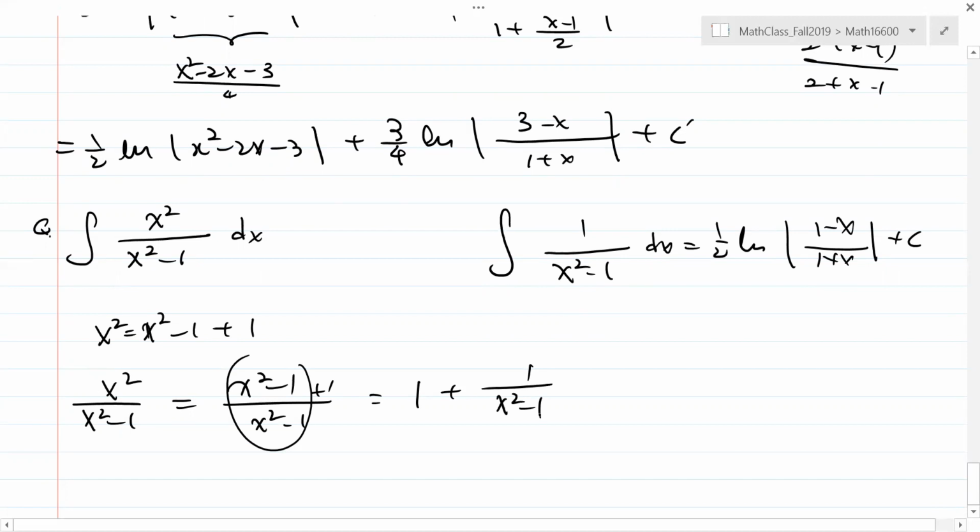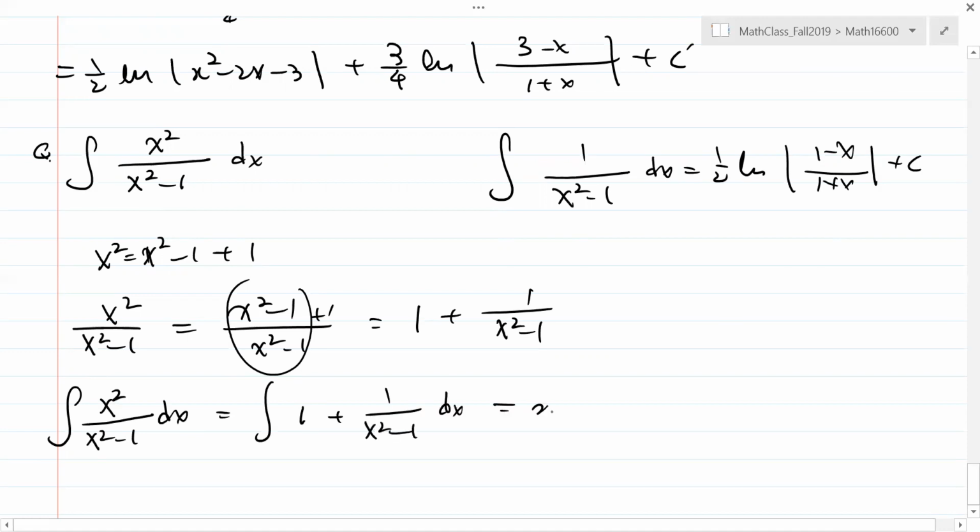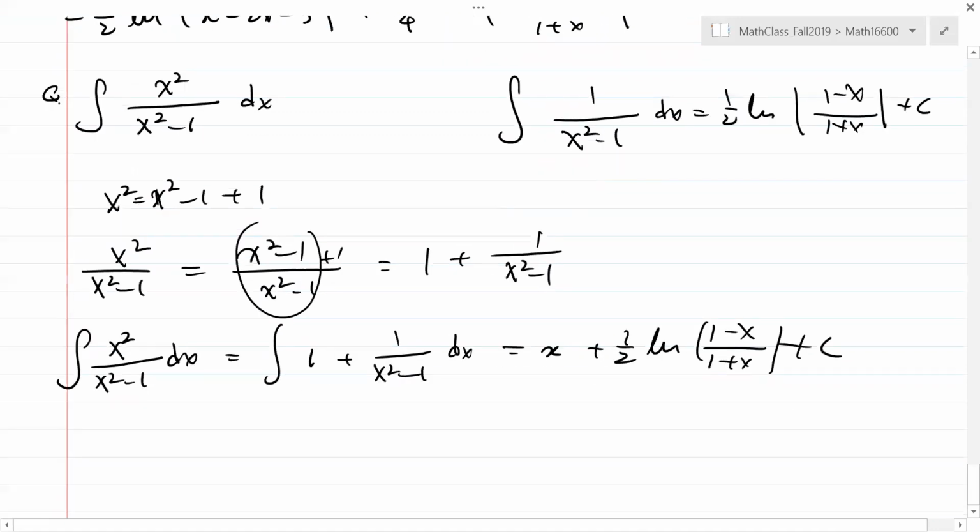Right? So then the integral of x squared over x squared minus 1 dx is just the integral of 1 plus 1 over x squared minus 1 dx. So the first one gives us x, the second one gives half of the natural log of (1 minus x) over (1 plus x), plus constant. So it only takes a few seconds to write an answer.